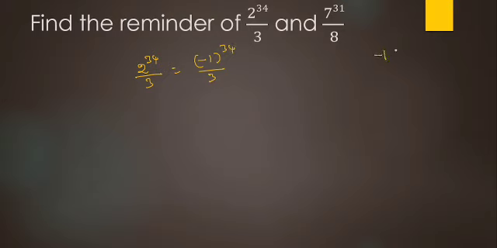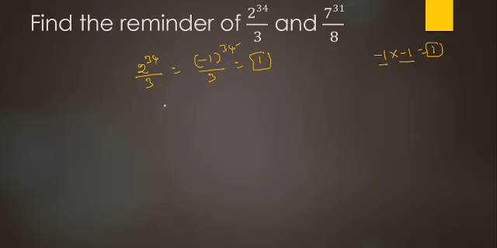For example, minus 1 into minus 1 is minus 1 whole square, it is power of 2. When the power is even, minus will become plus. So in this case, minus 1 to the power of 34, 34 is an even number, so automatically it will have 1 as the remainder.